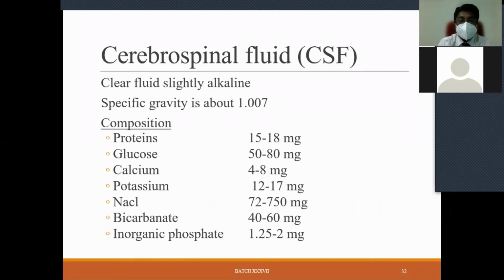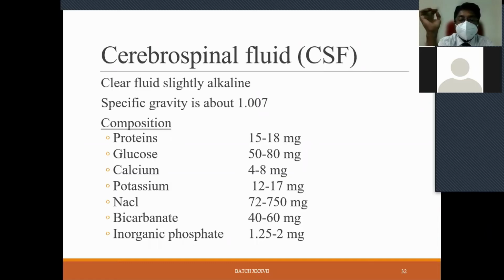About the constitution of the cerebrospinal fluid: it is a clear fluid, almost like water, but slightly alkaline. It is not acidic, so the pH is a little more than 7.